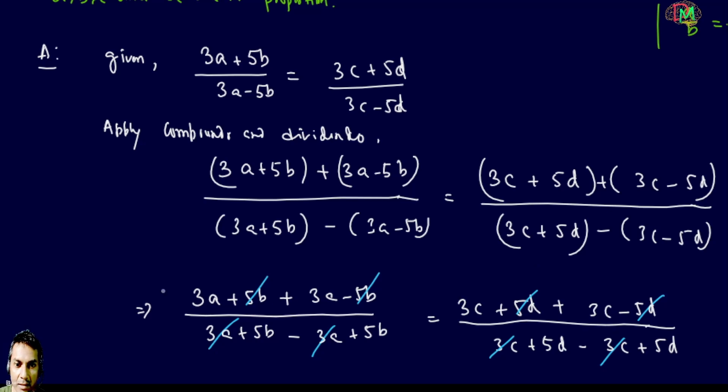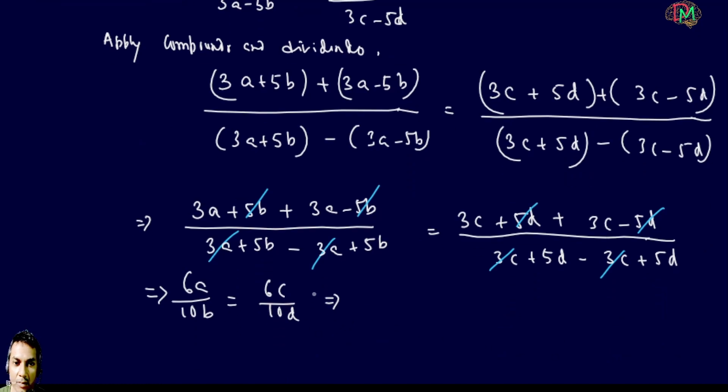The left side: 6a by 10b is equal to 6c by 10d, which implies that we can cancel out 6 by 10 because 6 by 10 is common on both sides.